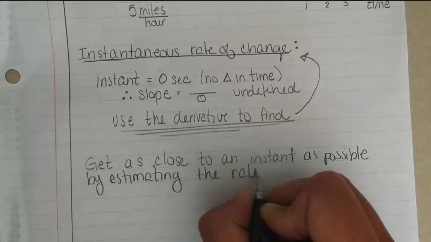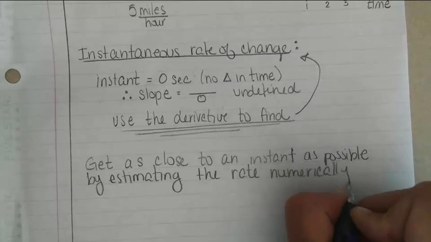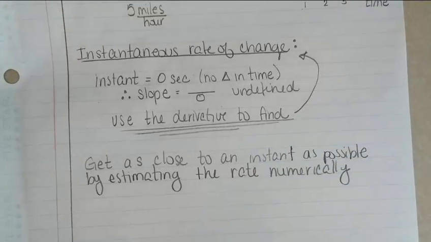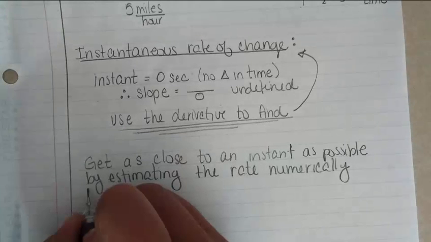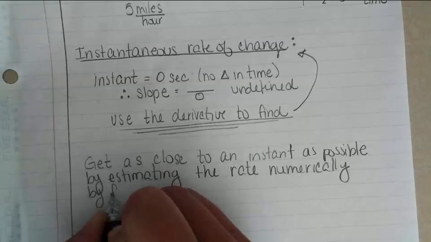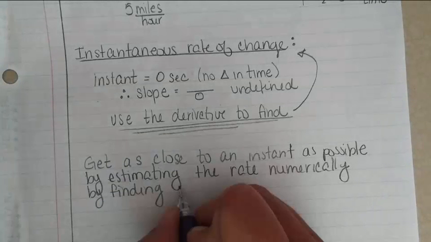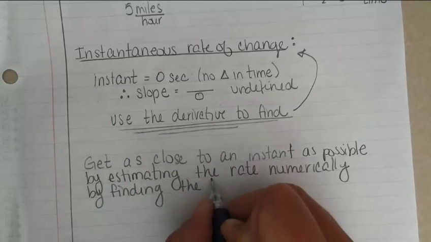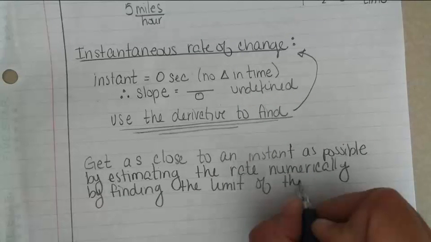And in order to do this, we're going to have to find the limit of the average rates as the time interval gets closer and closer to 0. Okay, so we're going to do that by finding the limit of the average rates.